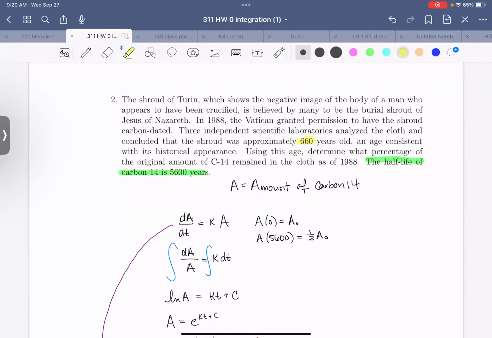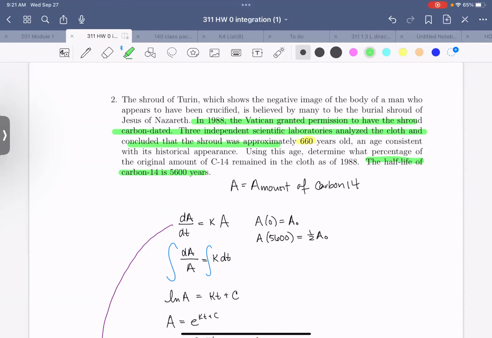So just be careful with your reading, because from right here, it says in 1988, yada, yada, yada, they concluded this, right? So that's their reference point in time for the 660, and that's why they're referencing the 1988. Usually you're not going to have to work that hard to figure out what's going on. Does that make sense? Yeah. Well, the second to last sentence doesn't give a reference of the time.